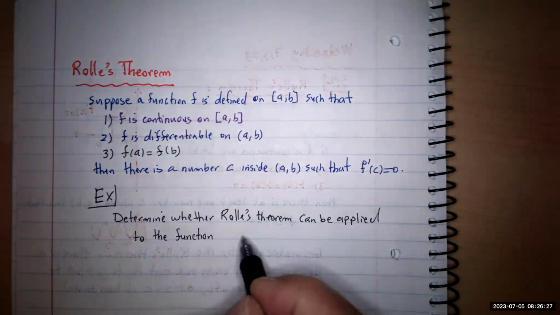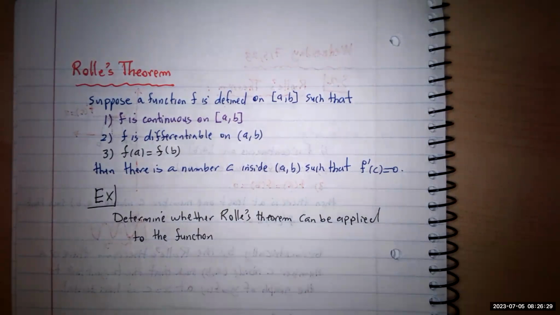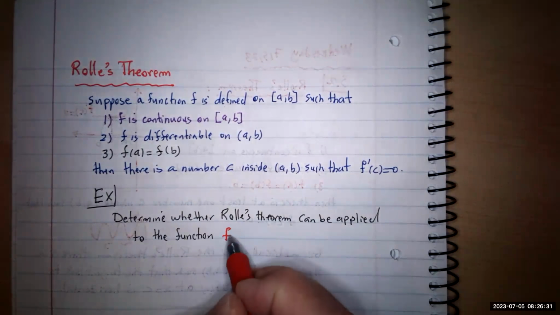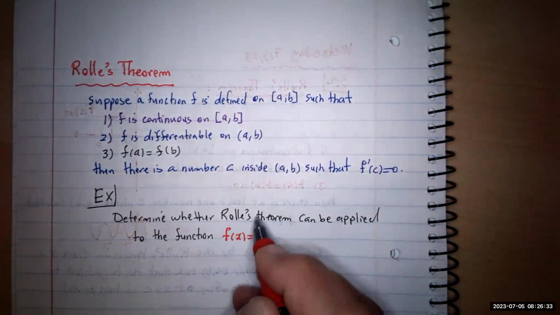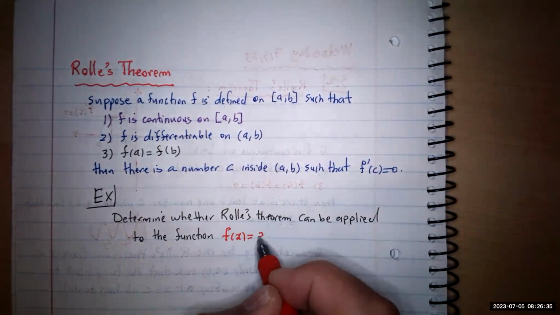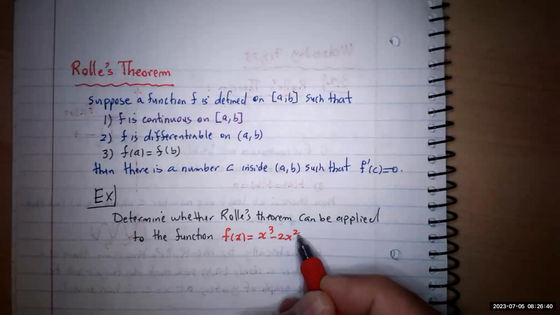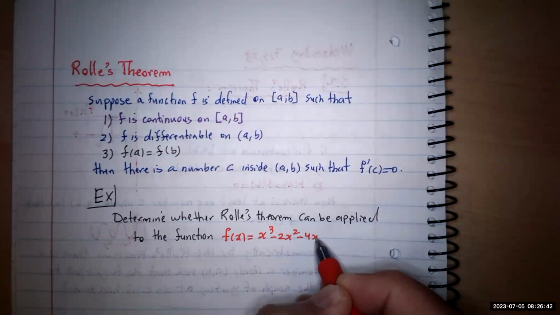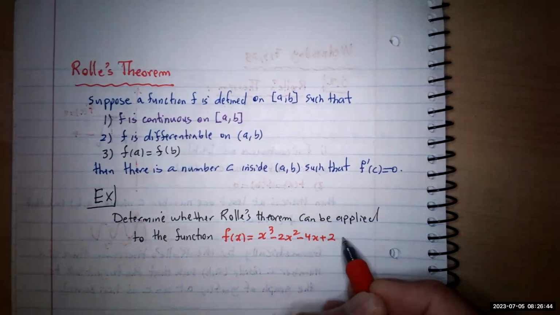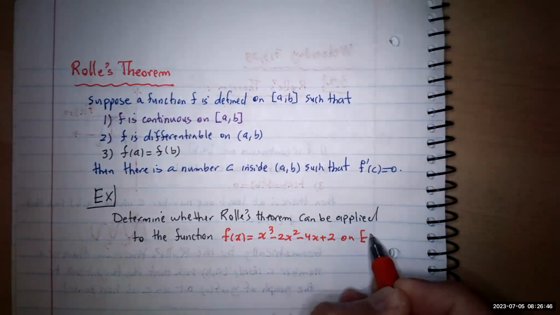The function is f of x equal to x cubed minus 2x squared minus 4x plus 2 on the interval of -2 and 2.